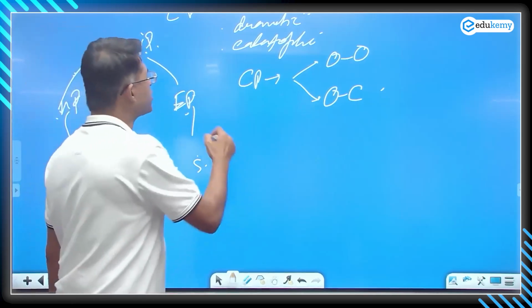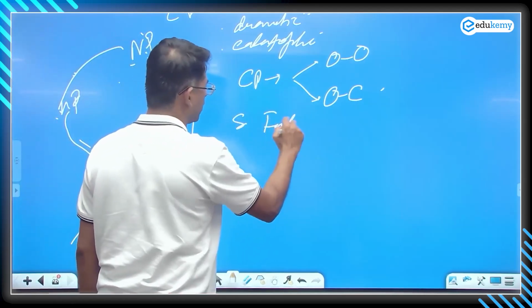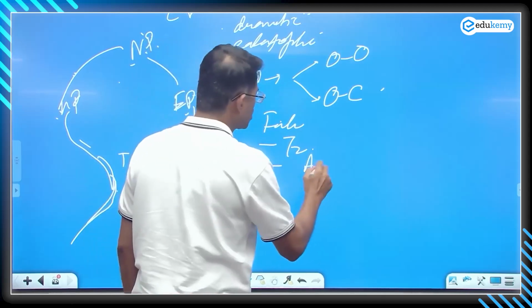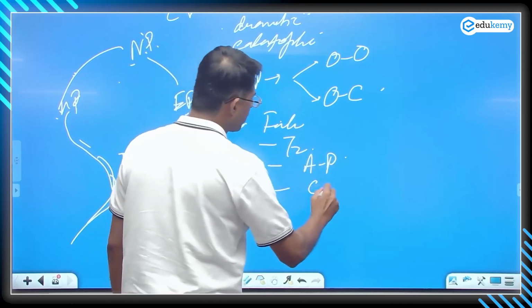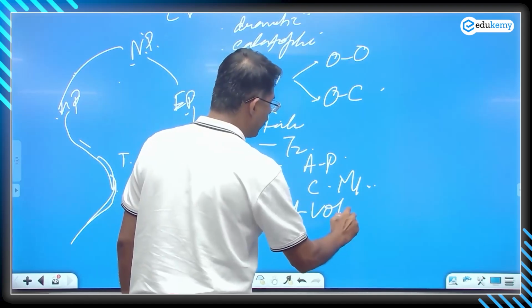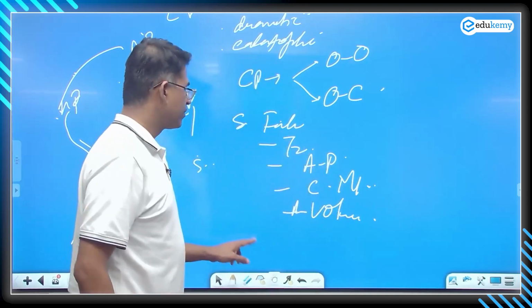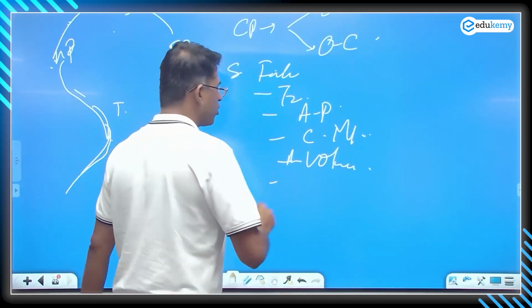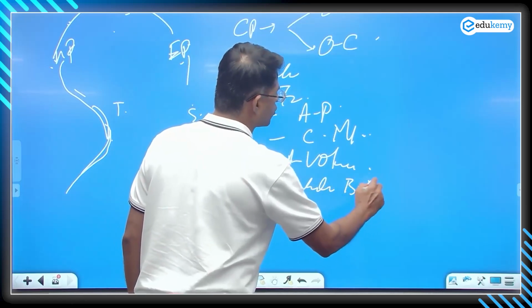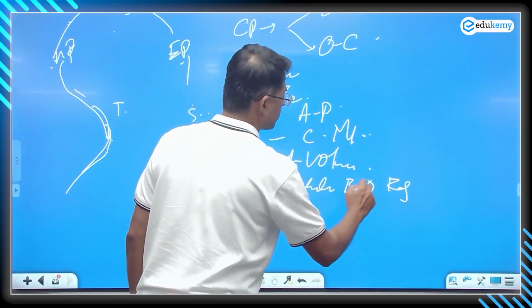So the spectacular features are trenches, accretionary prisms, the Cordillera Mountains, andesitic volcanism. They include the subduction Benioff zone earthquakes.